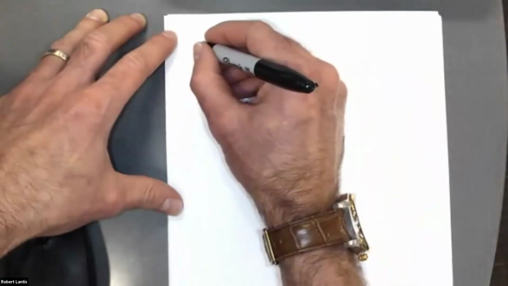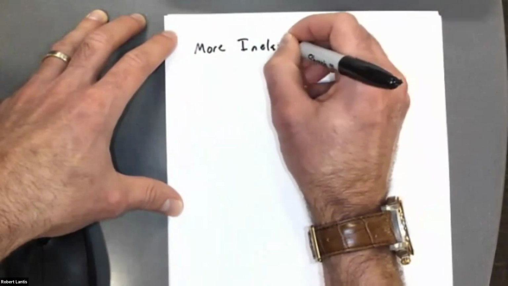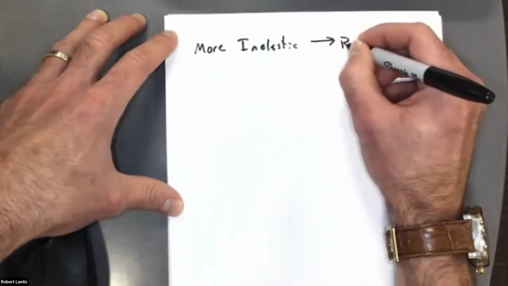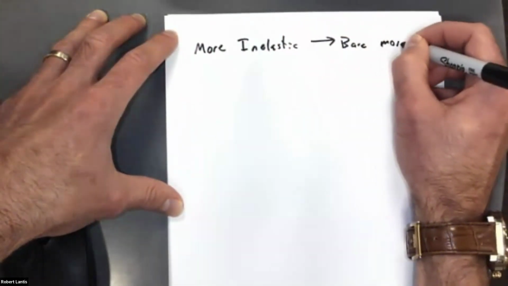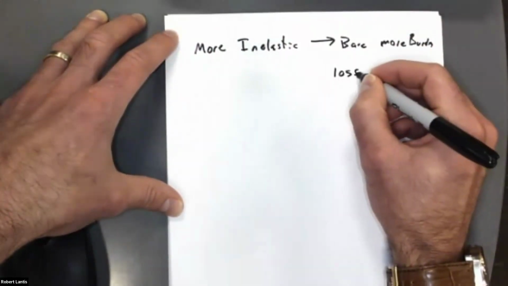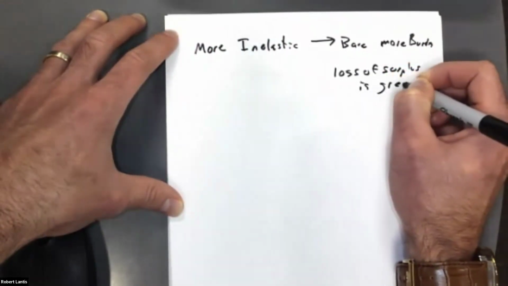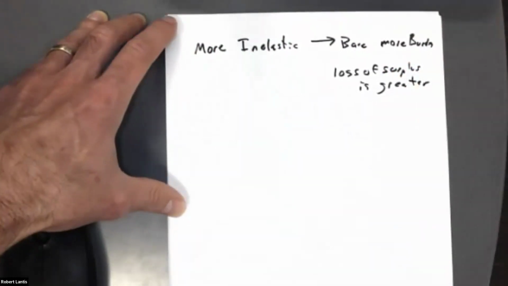So who bears more of the burden of the tax is always going to be whoever is more inelastic. They're going to bear more of the burden, or their loss of surplus is going to be greater than the other party.